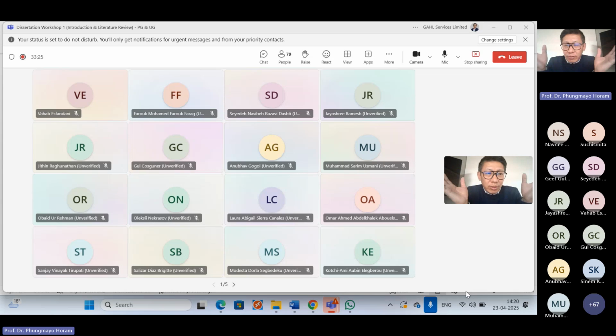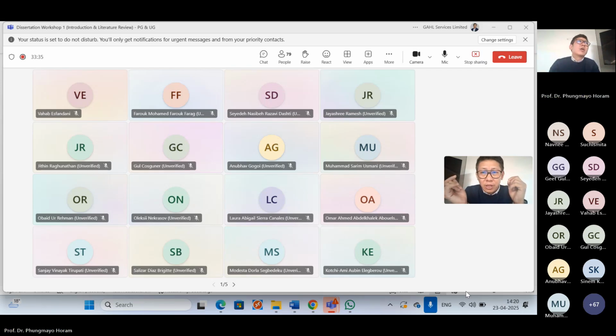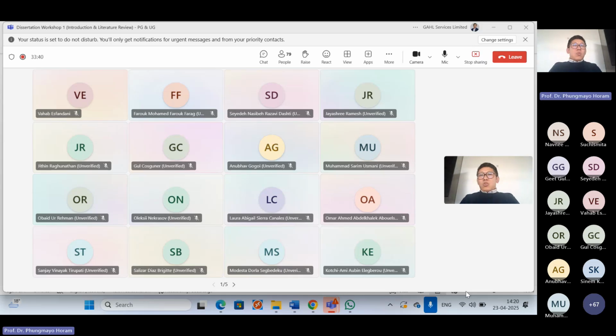The engine and the body of the car. Likewise, a dissertation title also has 2 or 3 main sections to make it a good title, right? So what are those 2 main sections?